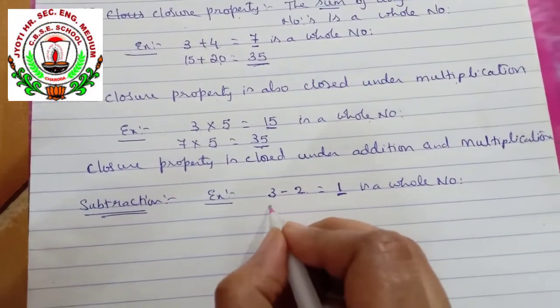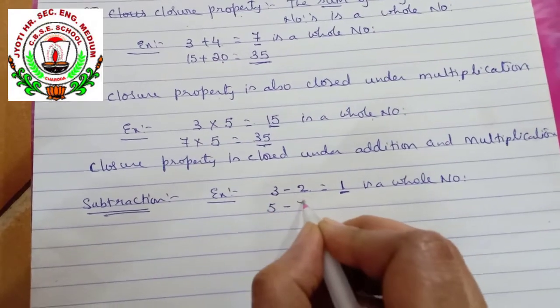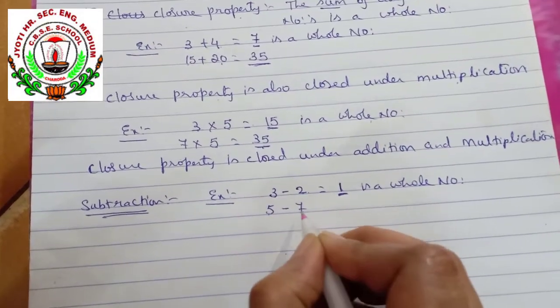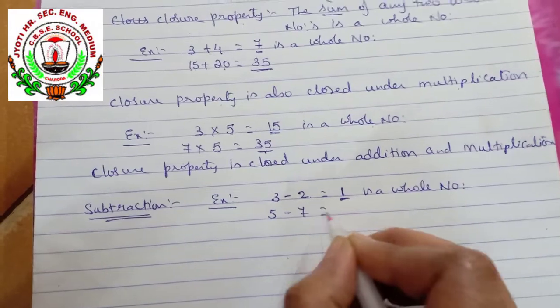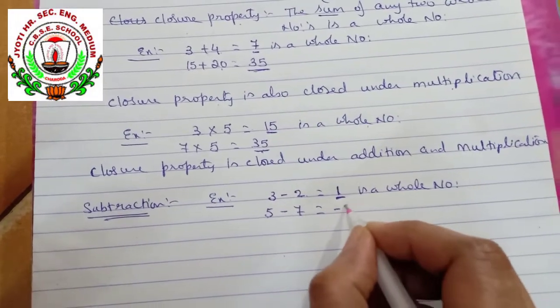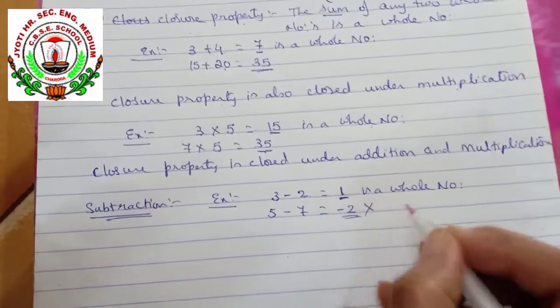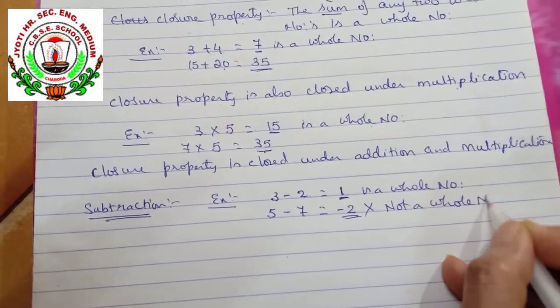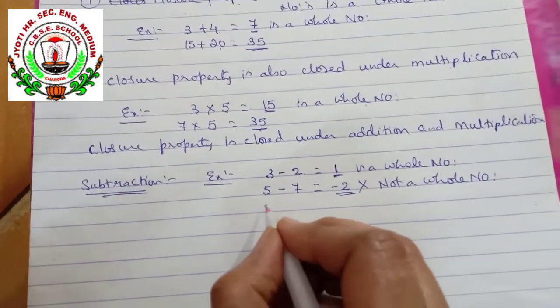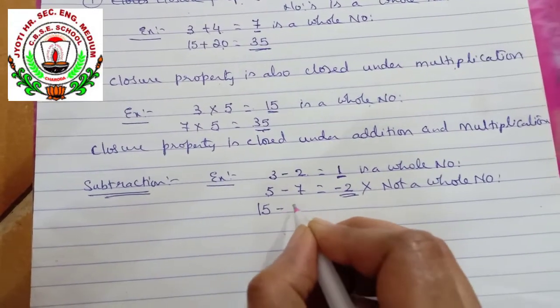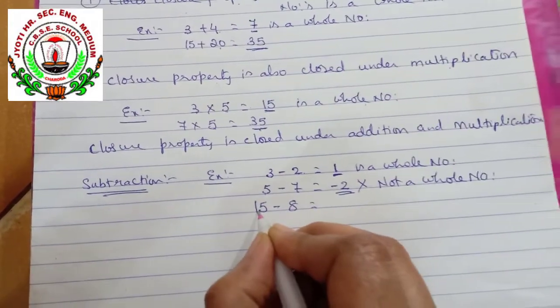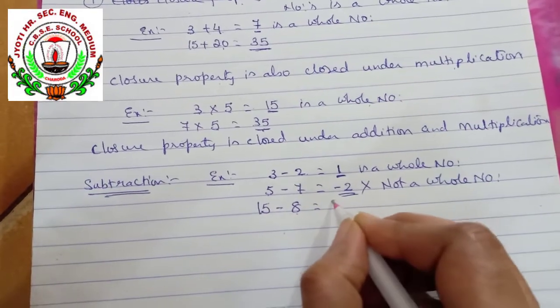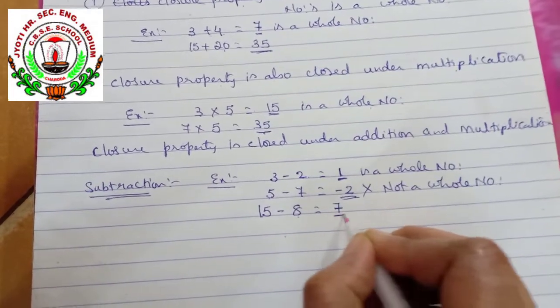But when I write 5 minus 7, 5 is also a whole number, 7 is also a whole number. 5 minus 7 is minus 2. This is not a whole number. One more example, 15 minus 8. 15 is a whole number, 8 is a whole number. 15 minus 8 is 7.